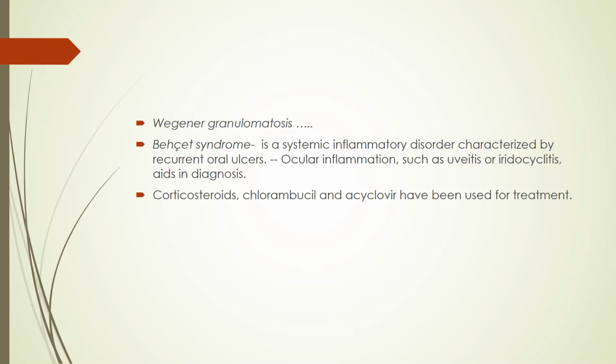But here, the system specifically involved is the ocular, the ophthalmic region, in which there is ocular inflammation such as uveitis, iritis, iridocyclitis, and these help in the diagnosis. If we see such characteristics in the oral cavity along with ophthalmic changes, ophthalmic diseases, then we can say that yes, it is Behçet syndrome.